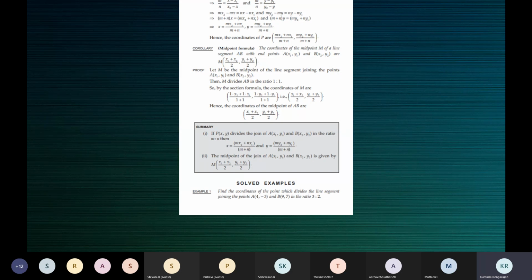We are trying to find the coordinates of that point on the line segment AB. We called it P. We said let P be the point that divides AB in the ratio 3:2. Now we are finding the address of P. We are finding the x coordinate and the y coordinate of P by using the section formula.